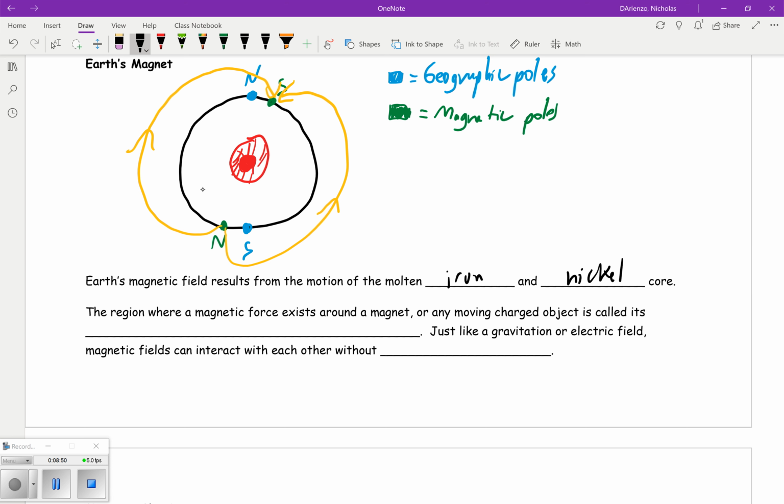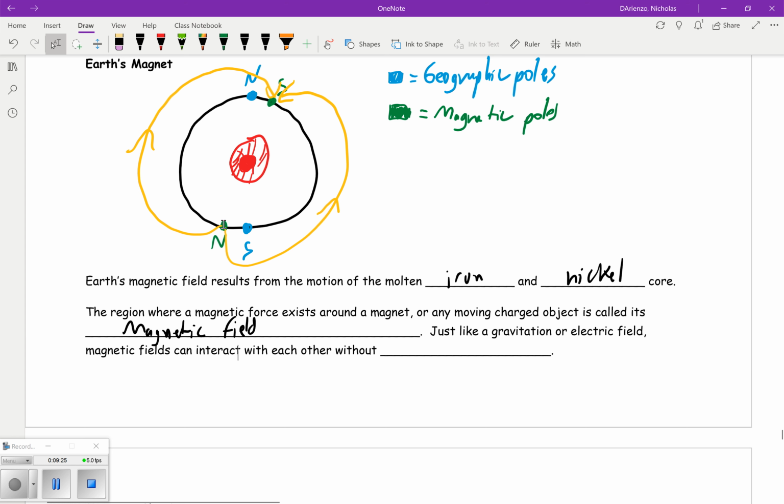Now this region that we drew here, these yellow lines around Earth's magnet, is where a magnetic force exists. This region around any moving charged object is what we call its magnetic field. This could also be, as we said here, some type of moving charged object that's going to exhibit this field.